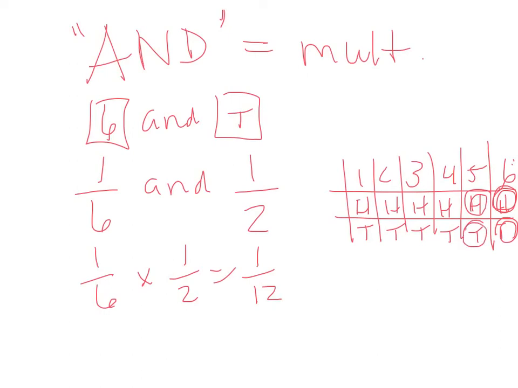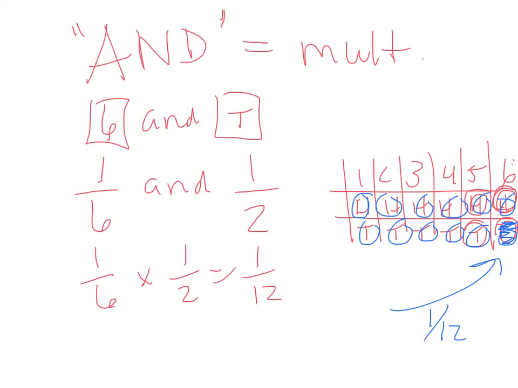There are 1, 2, 3, 4, 5, 6, 7, 8, 9, 10, 11, 12 different possibilities, and only one of those right here is a 6 and a tails, making it 1 out of 12. So and always means multiplication.